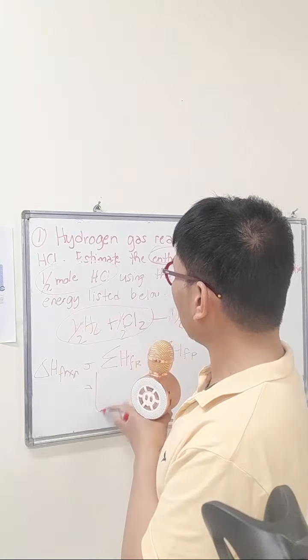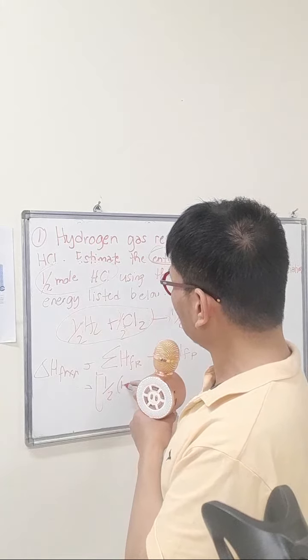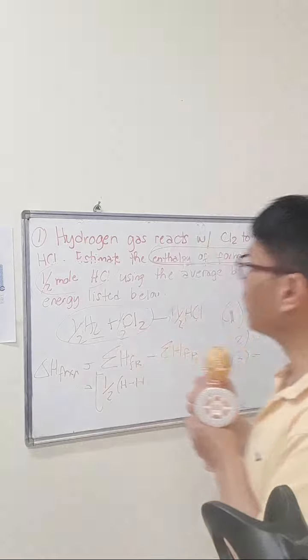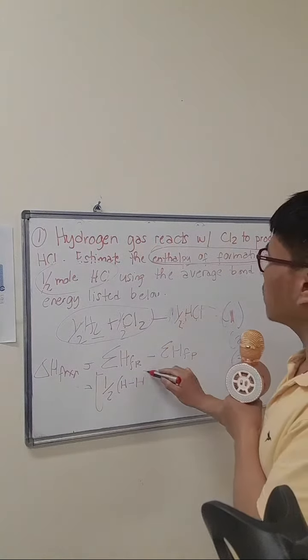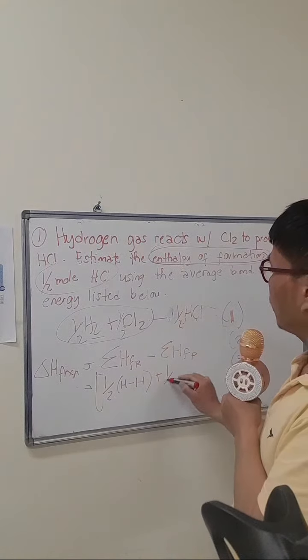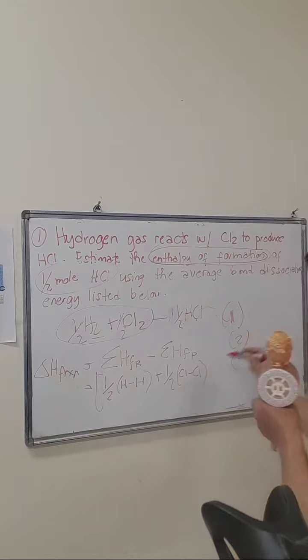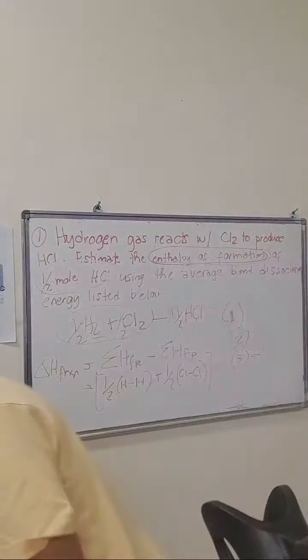So you say 1/2 bond H-H because it is H2, and then plus 1/2 chlorine to chlorine. And this is for the reactants.